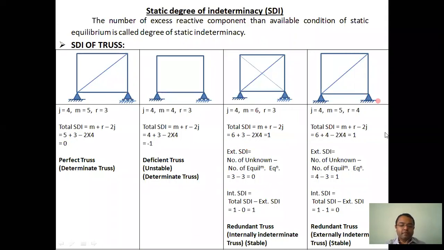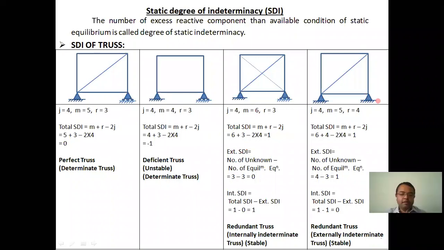So here, first example. In this case, at this end there's a hinge support, and there's a roller support. Always, first of all, count the number of joints.